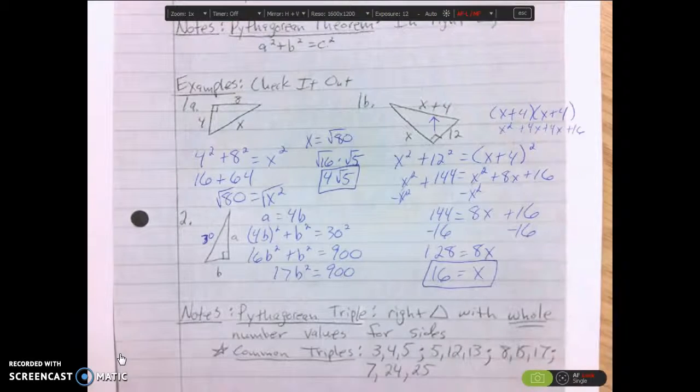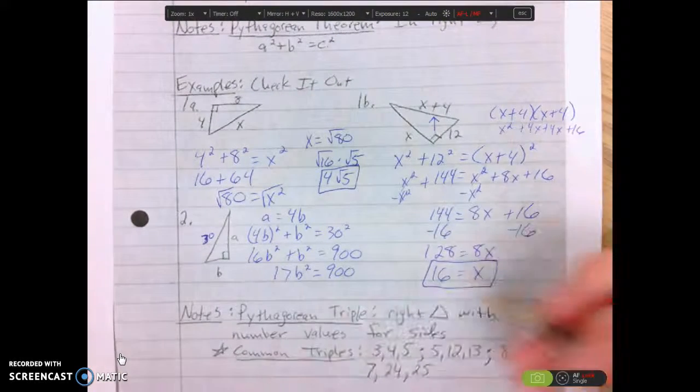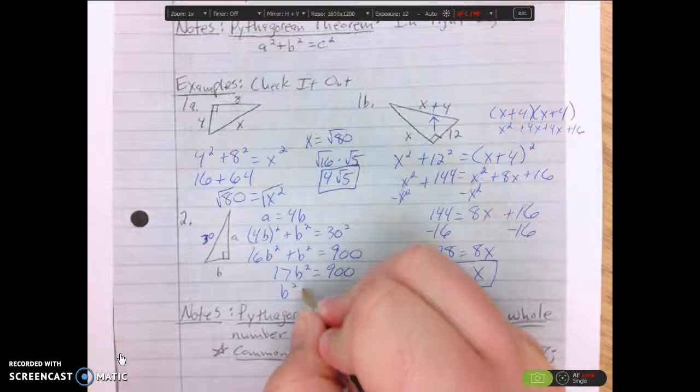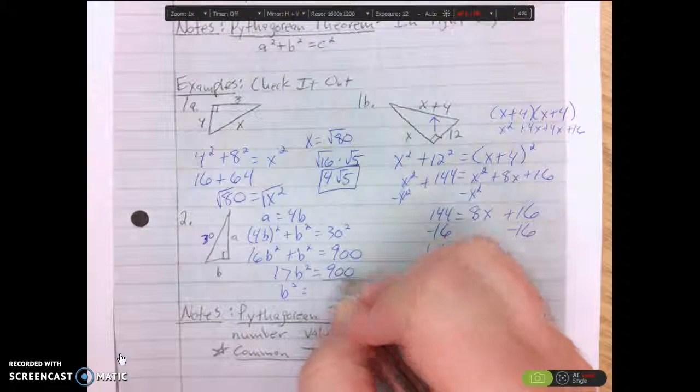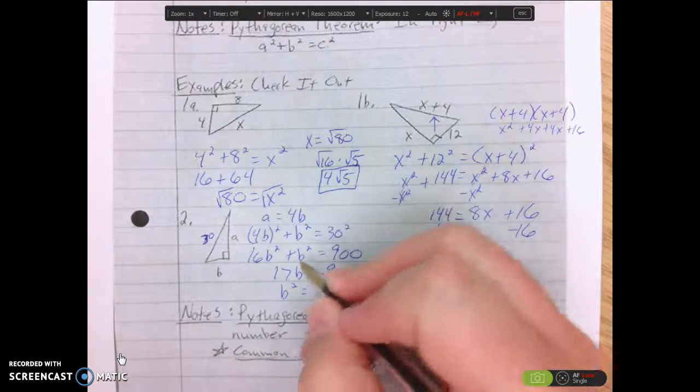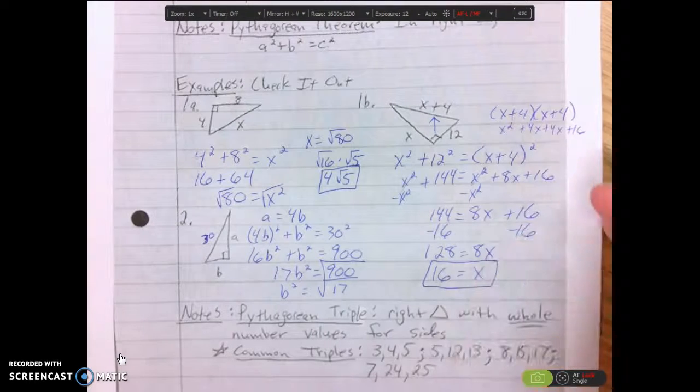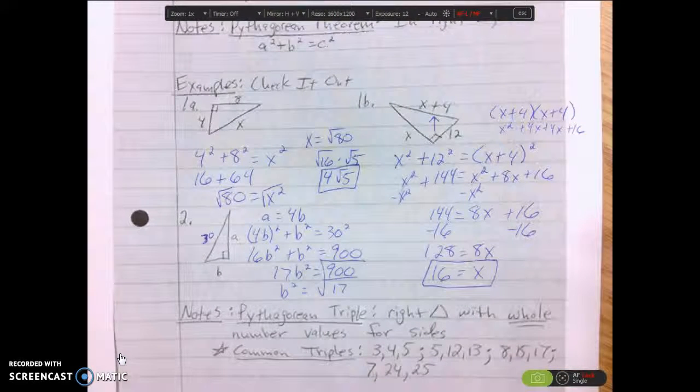And so you have to divide by 17, and you get b squared equals 900 divided by 17. So actually the best way to do this will be just take the square root of that whole thing, 900 over 17.